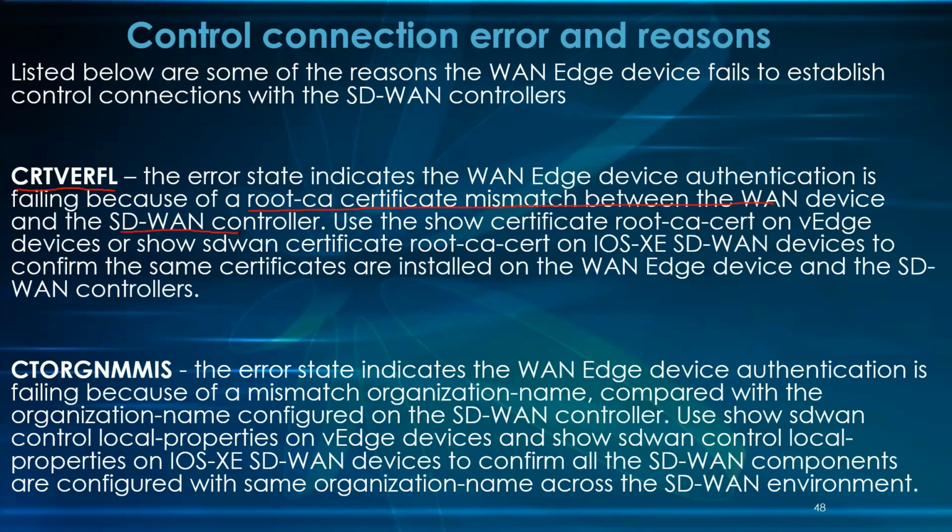When you are doing any command on the IOS XE devices, you have to add this keyword every time, the additional keyword which comes after show sdwan, right? Use show sdwan certificate root-ca-cert on the IOS XE devices to confirm the same certificates are installed on the WAN edge devices and the SD-WAN controller.